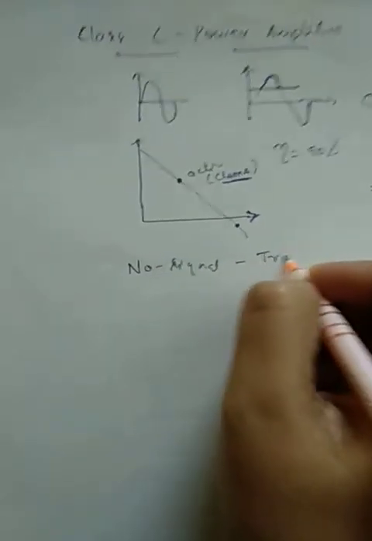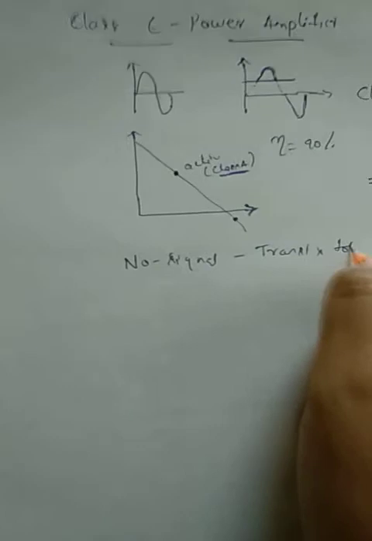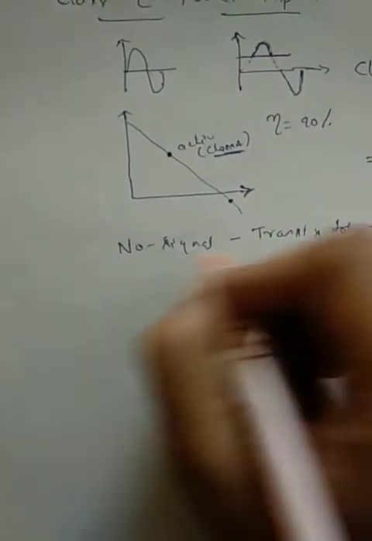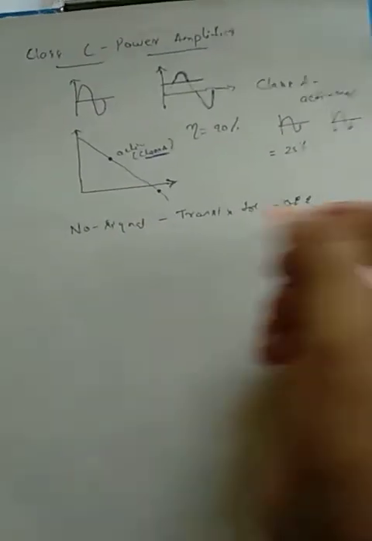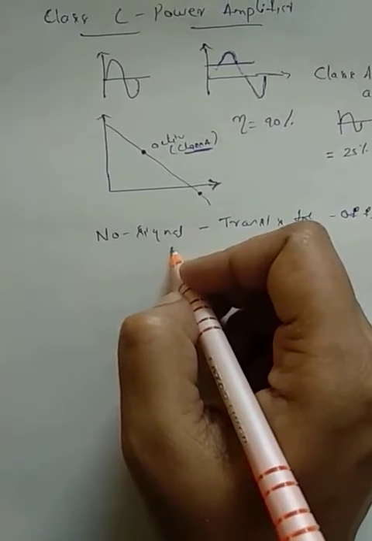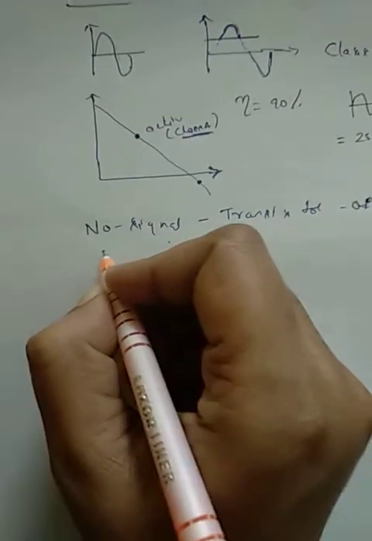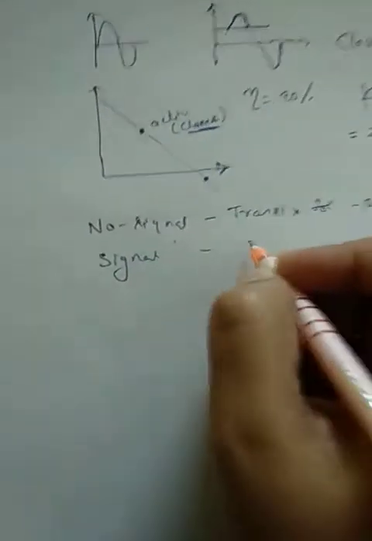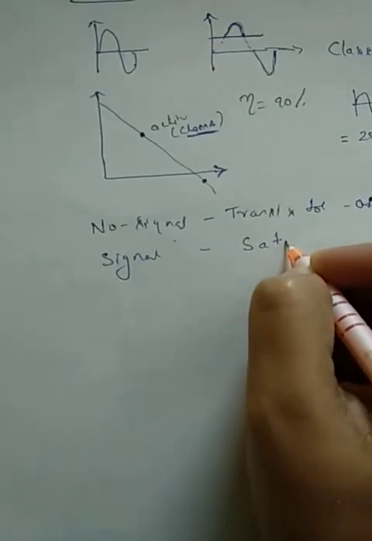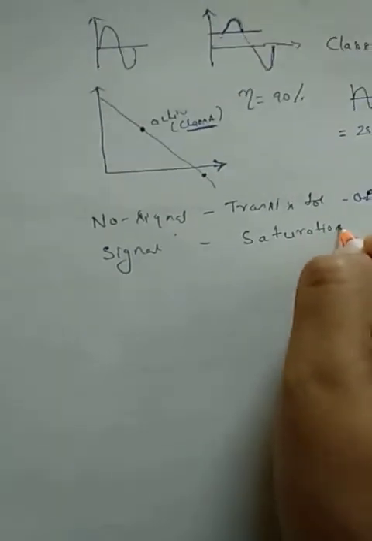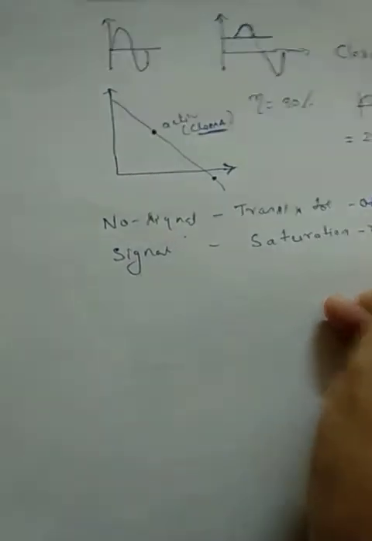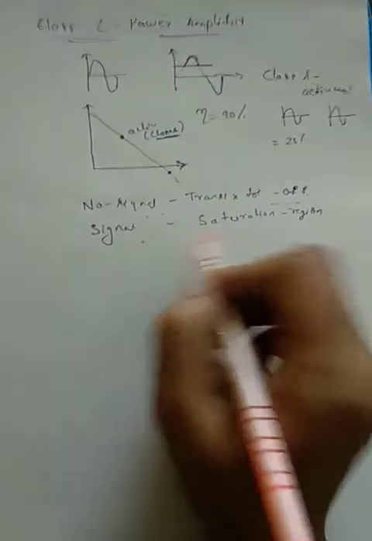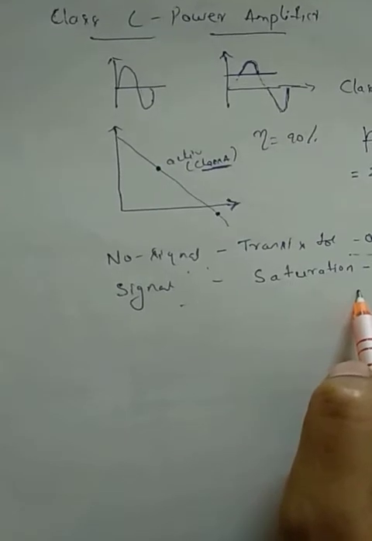The biasing arrangement is made so that the transistor remains off with no signal, and when a signal is applied, it operates in the saturation region.